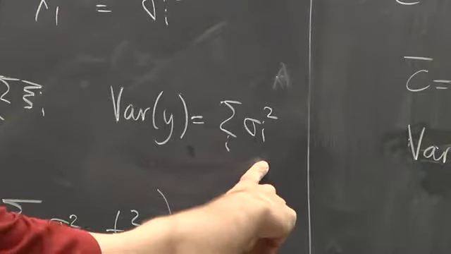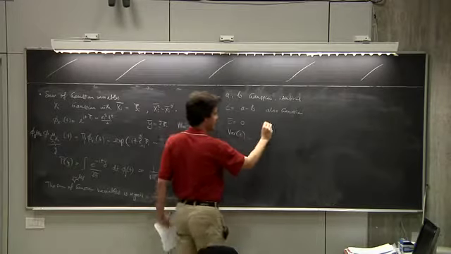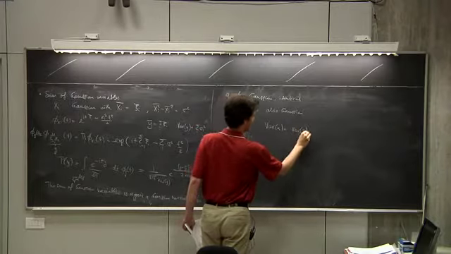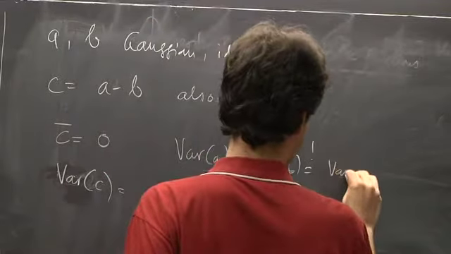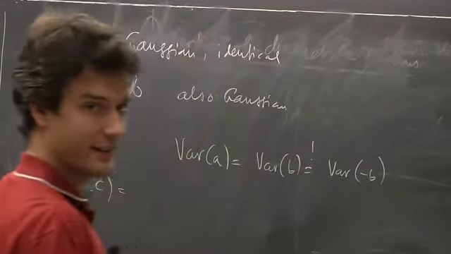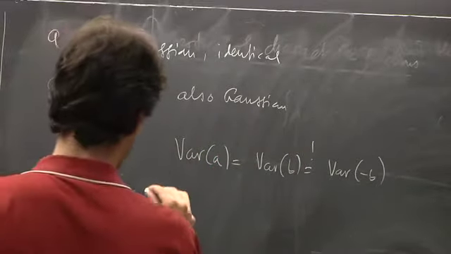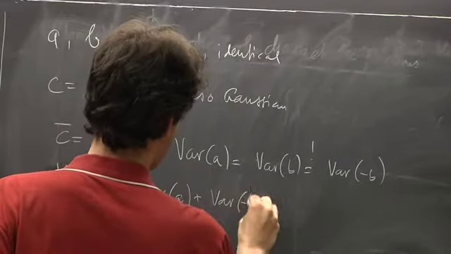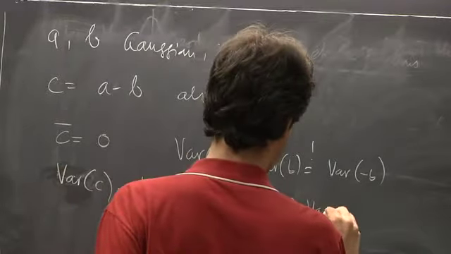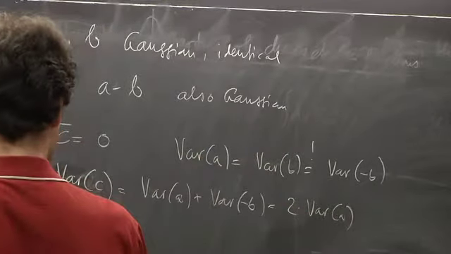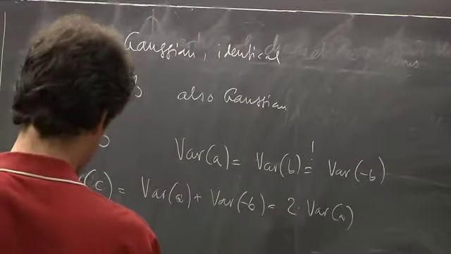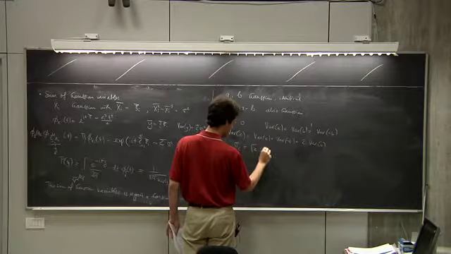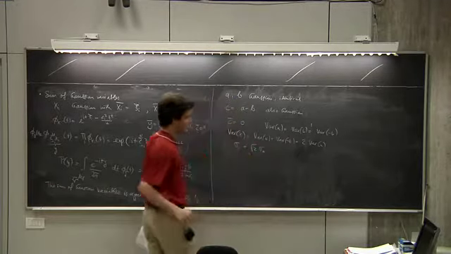This is always positive, right? So the variance of A is equal to the variance of B is equal to the variance of minus B. So this is equal to the variance of A plus the variance of minus B, which is equal to 2 times the variance of A. Okay, standard deviation, which is the thing that you can much better imagine, that's the width of the distribution, is square root of 2 times that of A.